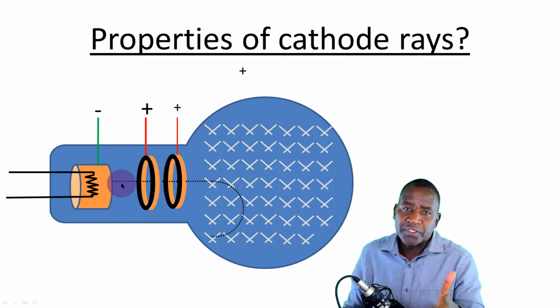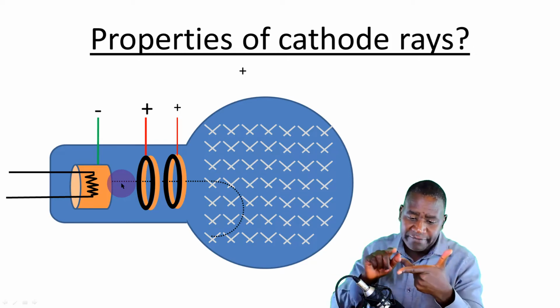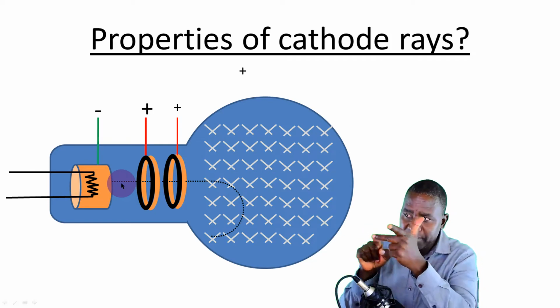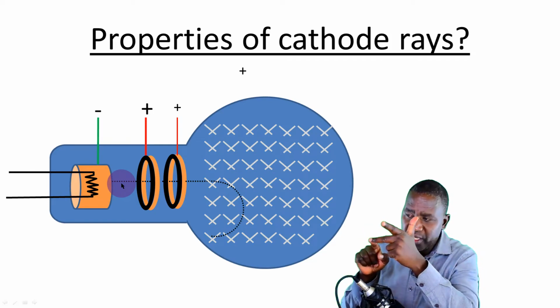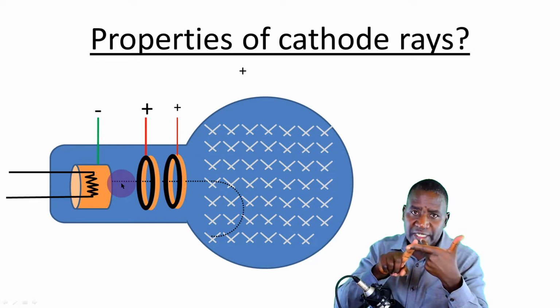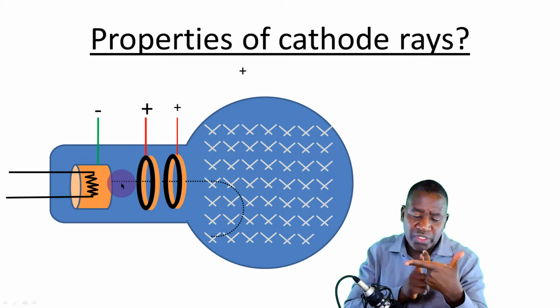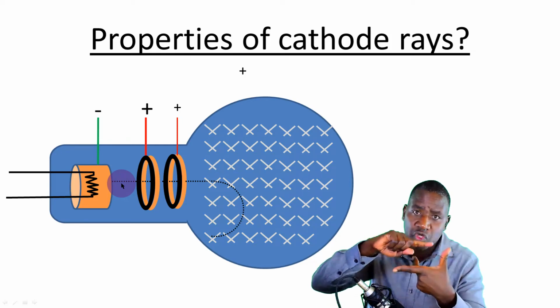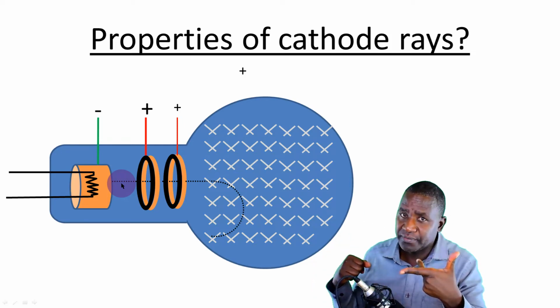So let's go to Fleming's left-hand rule. This is current. According to me, first of all, this is magnetic field. This is the current in the conductor. This will be the force on the conductor.